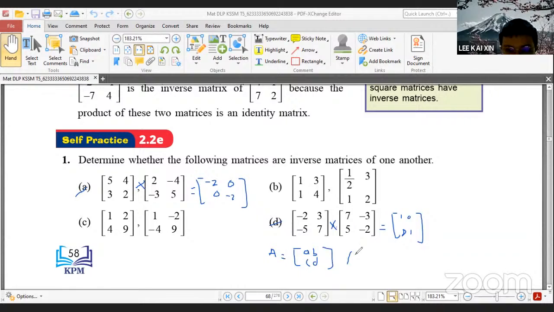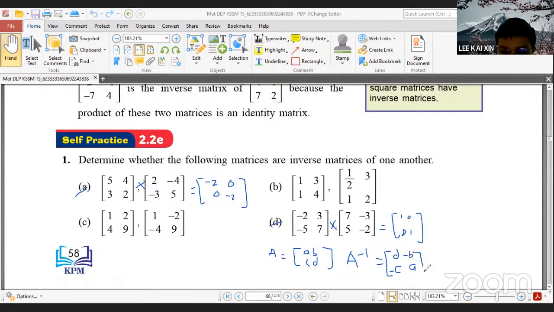So you see the inverse matrix, it will become, okay, so A, yeah, so it's negative B. Okay, negative C, and D is the same.